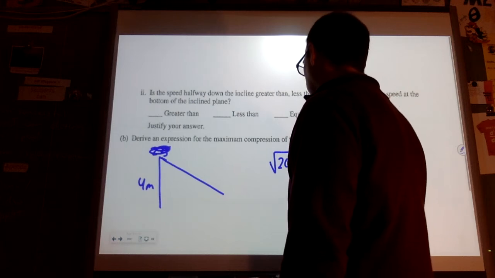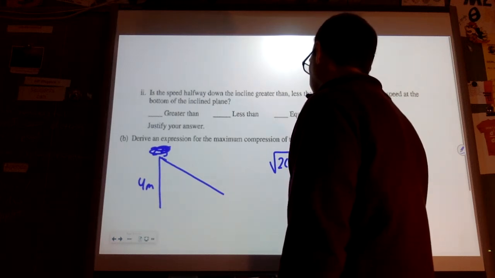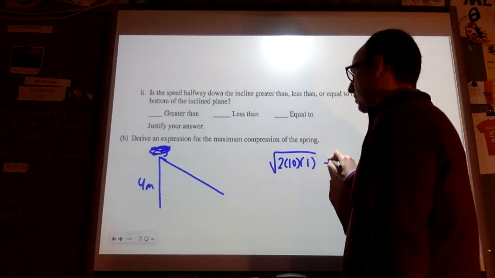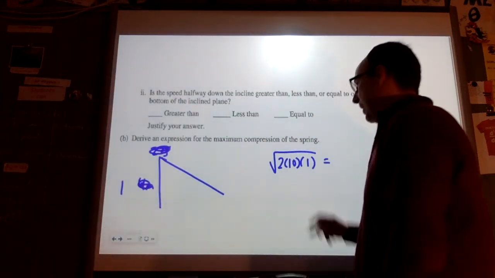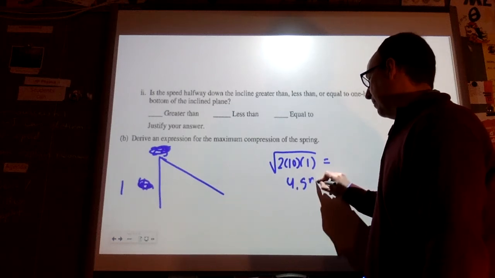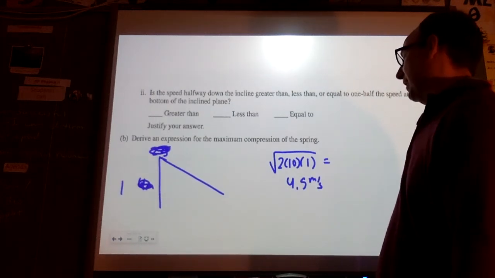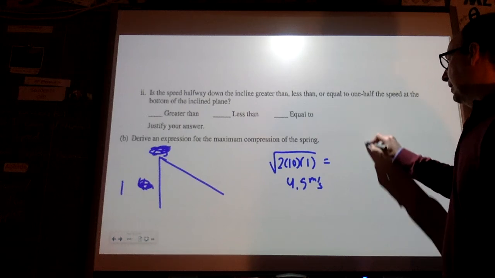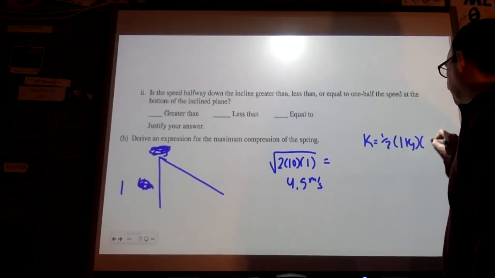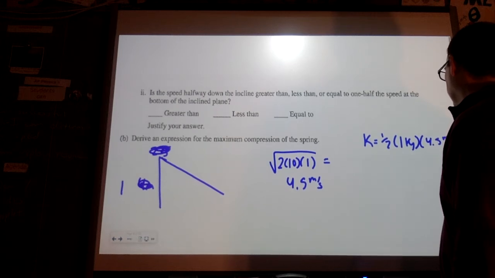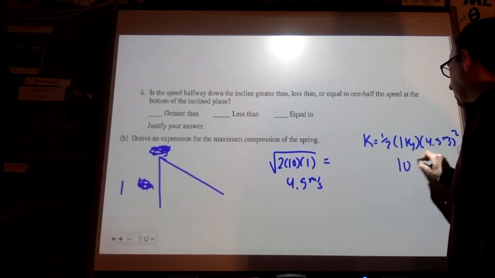That's going to tell me that my speed at the bottom is 4.5 meters per second. So let's make the mass 1 kilogram. And this gives us 10 joules.